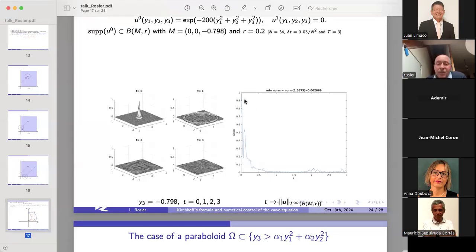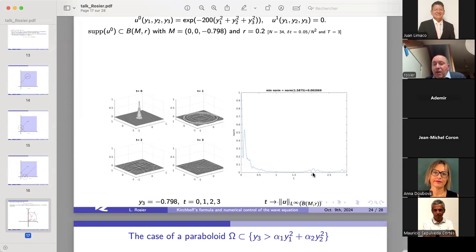What we see is some evolution which is quite similar to what we obtained with the Fourier series before. We see that there is a zone where the L infinity norm is almost zero. Here is the minimal value: we find 2 times 10 to the minus 3, so it's very small.